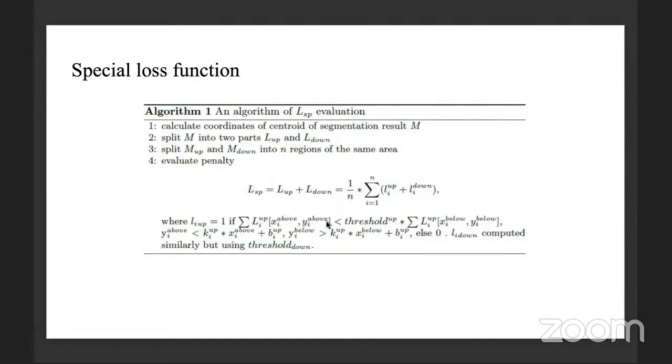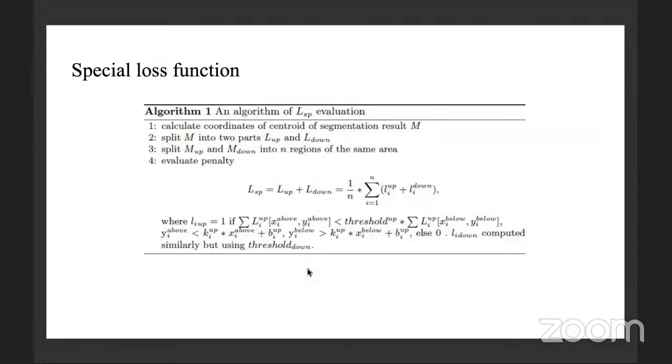If it is larger, then we say it is a good model and we are not penalizing it. So the main idea, again, is an additional regularization on our model to ensure that it will look for more area of the eye.